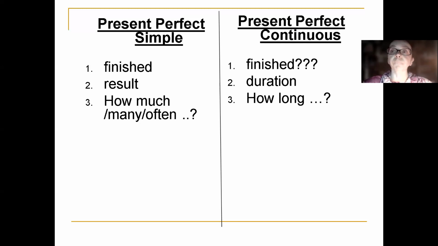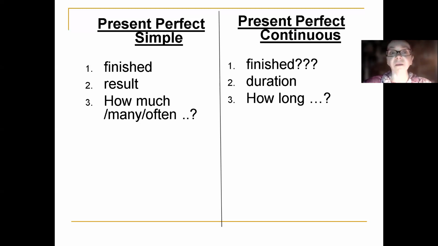And so on. Whereas for present perfect continuous, the key question is how long? How long have you been writing this essay? Oh, since 9 o'clock. How long have you been reading this book? For 2 weeks, etc.